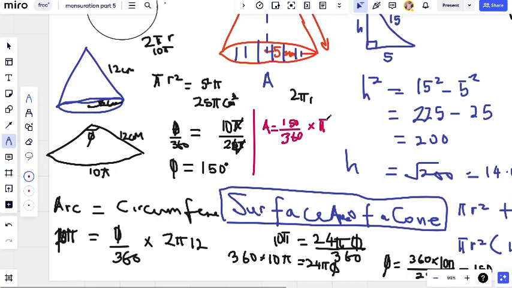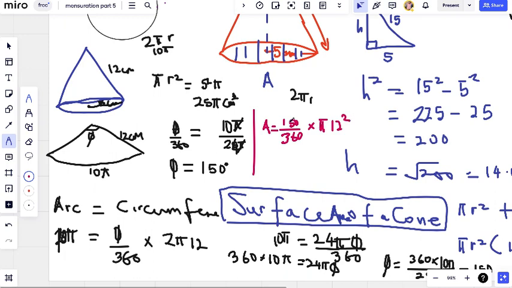What's the radius we're going to use? 12, right? We're using 12. Multiply by 12 squared. 12 squared is 144, that's 12 times 12.